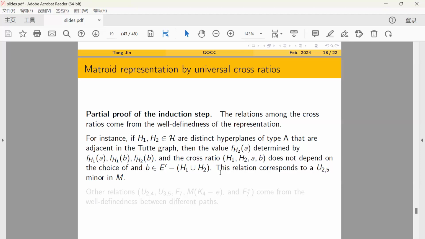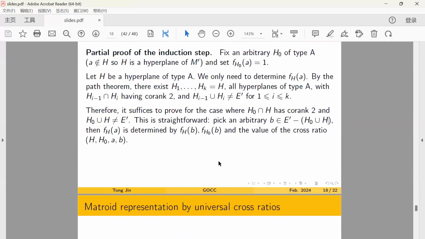So we have two more hyperplanes. And inside the matroid M, we also have the closure of intersection and the extra element A. So somehow, intuitively, there are 5 hyperplanes intersecting at a co-rank 2 flat, and that is a U2 minor. And that gives us one of the relations among the universal cross ratios.